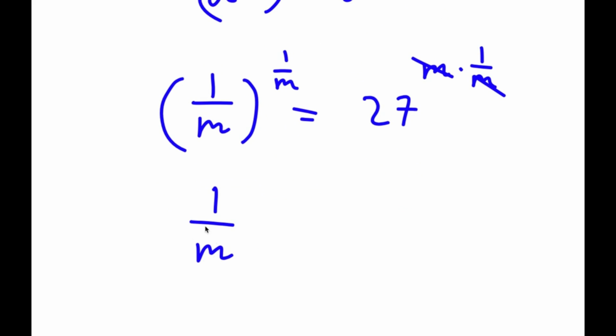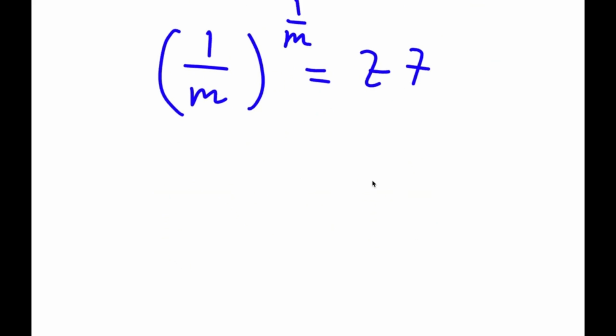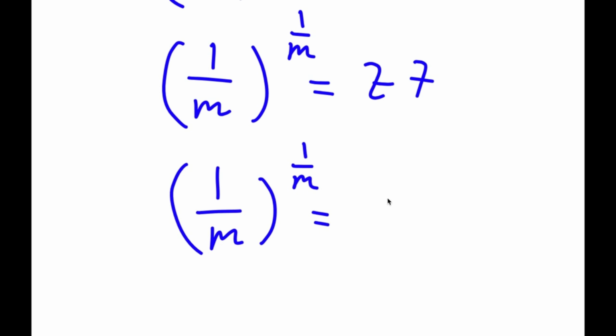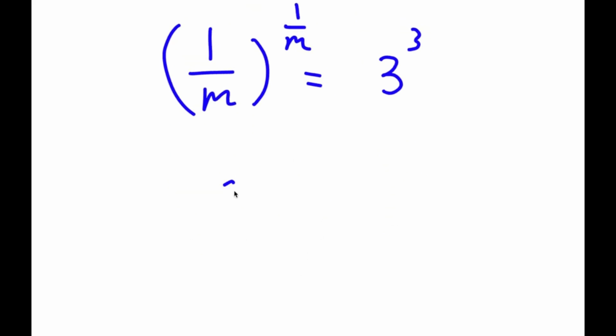So now I have 1 over m to the power of 1 over m is equal to 27. Now 27, this is the same thing as 3 to the power of 3. So now I have 1 over m to the power of 1 over m is equal to 3 to the power of 3. And if I have something in the form a to the power of a is equal to b to the power of b, this means that a is equal to b.